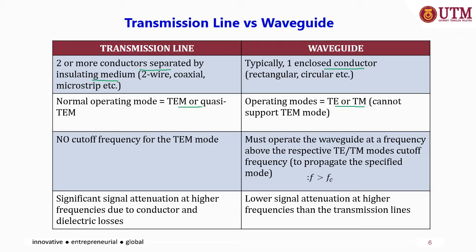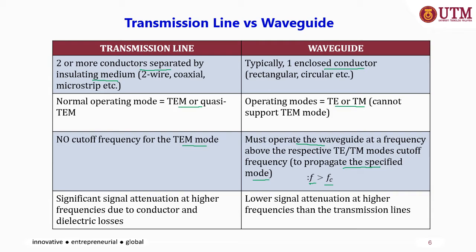For a transmission line, there's no cutoff frequency for the TEM mode, while the waveguide must be operated at a frequency above the respective TE or TM cutoff frequency to make sure it propagates using the specified TE or TM mode. So in this case, the waveguide f must be higher than the cutoff frequency.